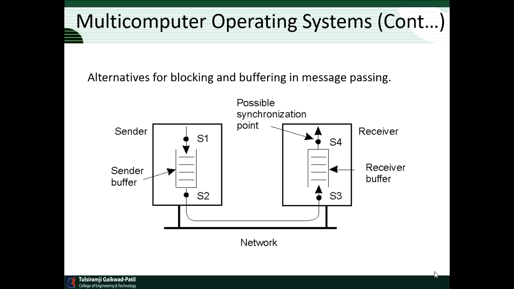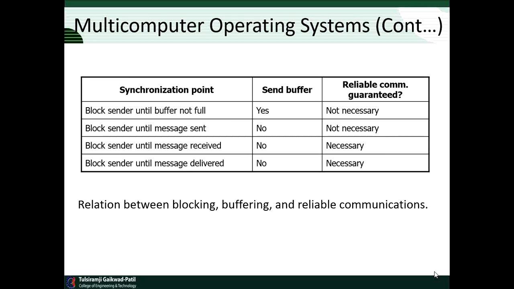Then it will be received by the user application, which is given by S4. So this is the alternative for blocking and buffering in message passing of the distributed system.